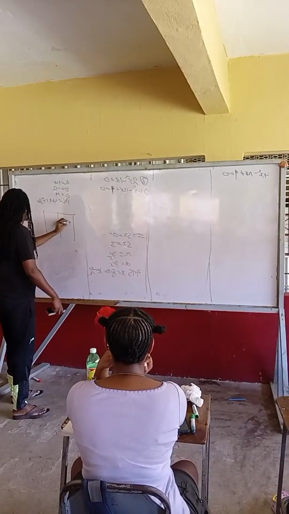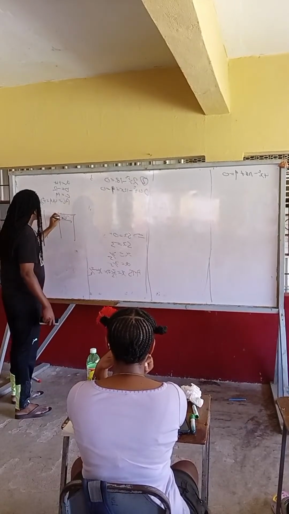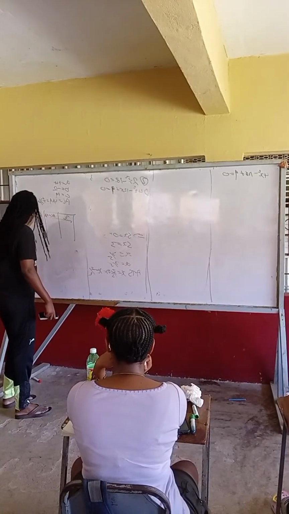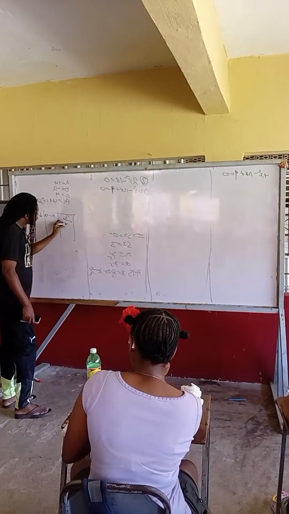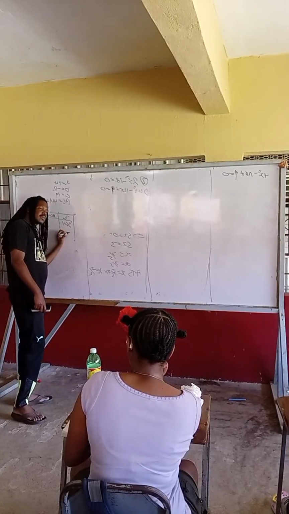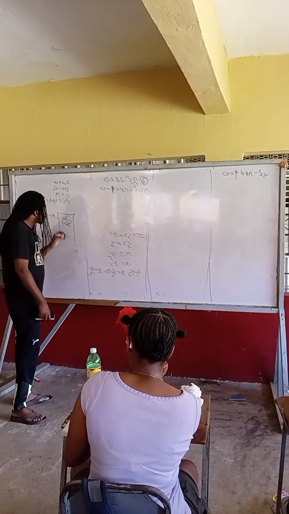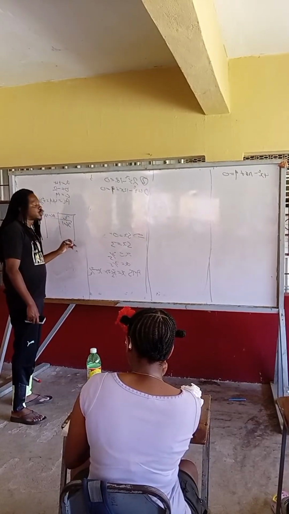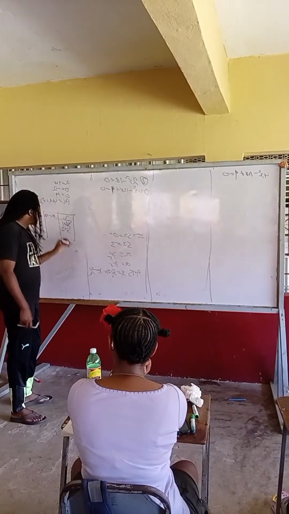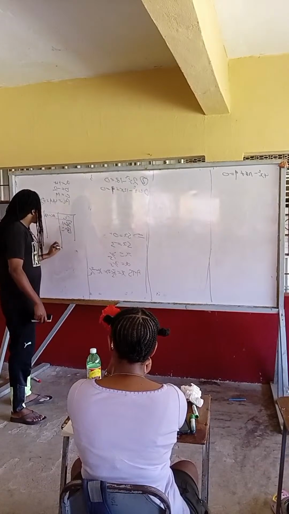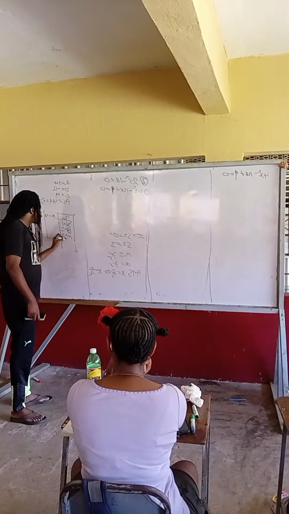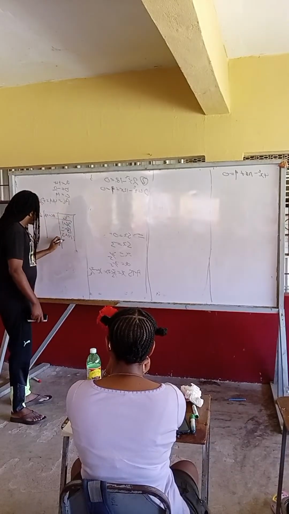So here, AC equals positive 36, B equals minus 12. 36 times 1, 18 times 2, 12 times 3, 6 times 6, 4 times 9.